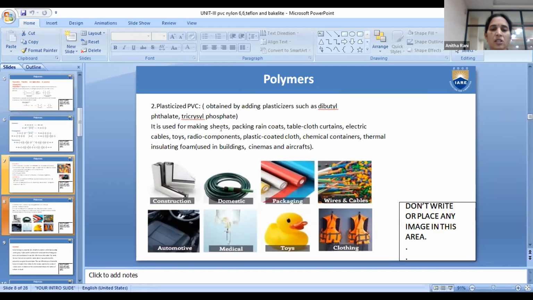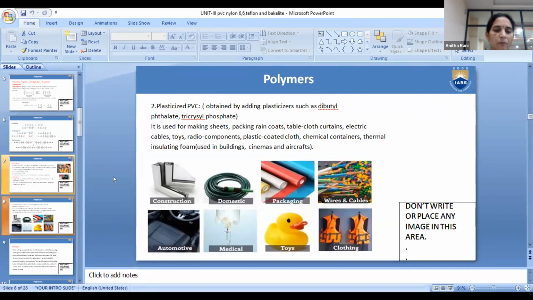It is used for making sheets, packing raincoats, tablecloth curtains, electric cables, toys, radio components, plastic coated cloth, chemical containers, and as a thermal insulating foam used in buildings, cinema theaters, and aircraft. Some examples you remember, students, out of these. Plasticized PVC is used for making sheets, packing raincoats, tablecloth curtains, electric cables, toys. Some 5 or 6 you remember.